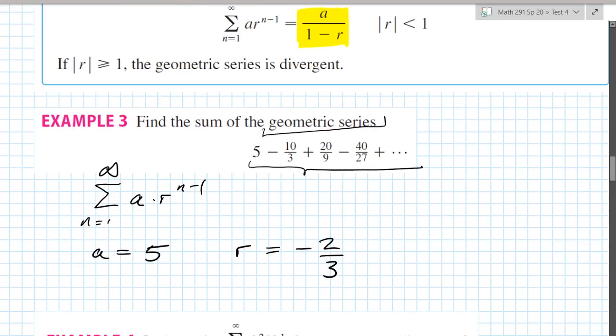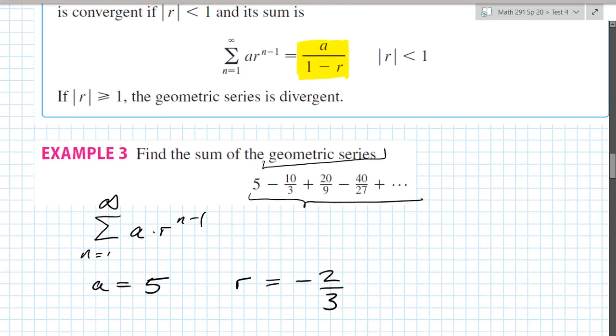So let's see if this does the trick. Is this the sum of 5 times negative 2/3 to the n from 1 to infinity? Sorry, n minus 1. If n is 1, the first part is the 0 power, so 5.